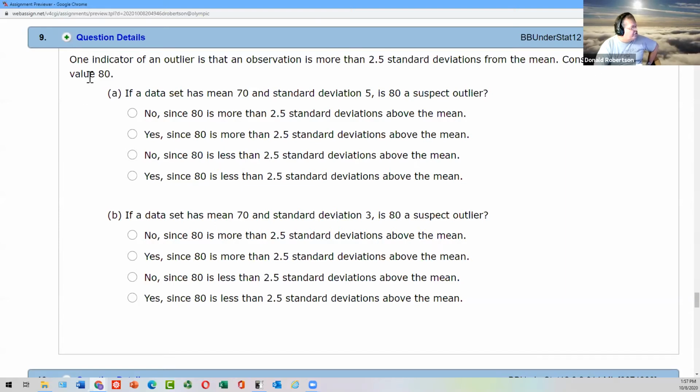Consider the data value 80. If the mean was 70 and the standard deviation is 5, is 80 a suspected outlier? Well, let's see. 70 plus or minus 2.5 times 5 is 12.5. Nope, it's not. It's something like 55 up to 85.